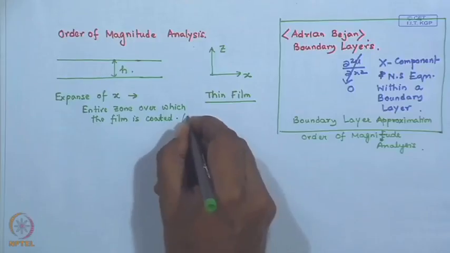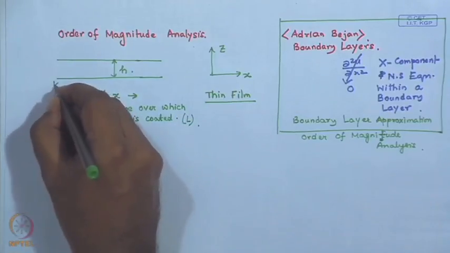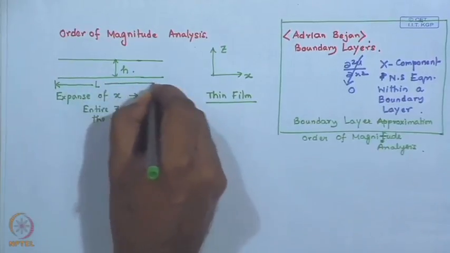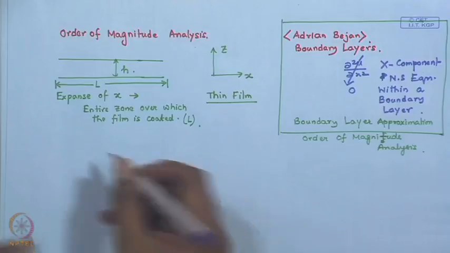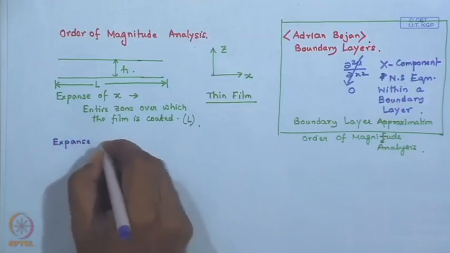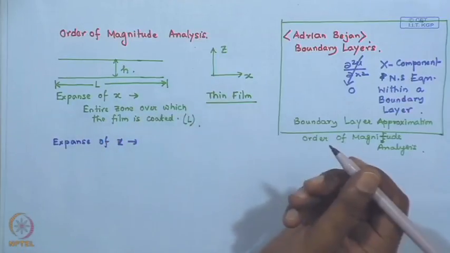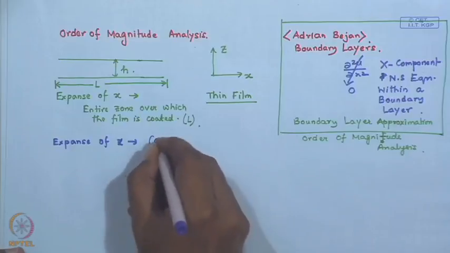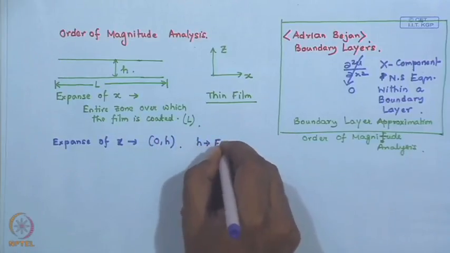Let us say this is of the order of L. L is some sort of a length, let us say this is L. In contrast, your expanse of z stretches from only 0 to h, and h is the film thickness.